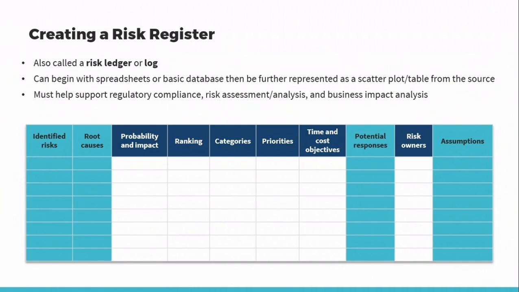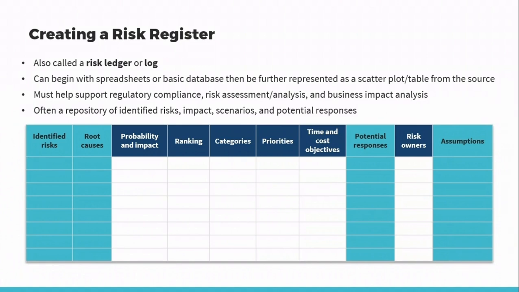It must support your risk assessment and risk analysis and your business impact analysis. It's often a repository of identified risks, impacts or magnitude, various scenarios, and your potential responses. Notice some other categories here are things like time and cost objectives, risk owners, and assumptions or descriptions. Also, over time, the risk ledger or log will be populated with root causes, all based on problem management or after-action reports.